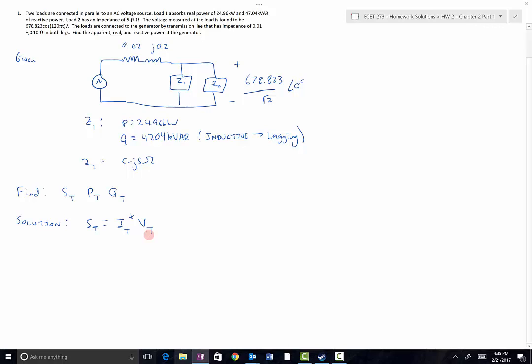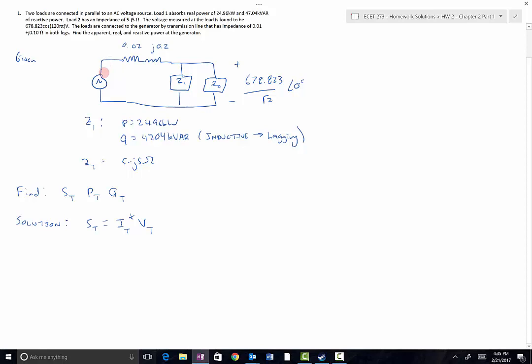I'm going to start with the equation for the current. I know that if I combine these two currents here, that's the current being sourced by the generator. So if I can figure out how much current's flowing here and how much current's flowing here, I add the two of them together at that node, that's the current of the source.